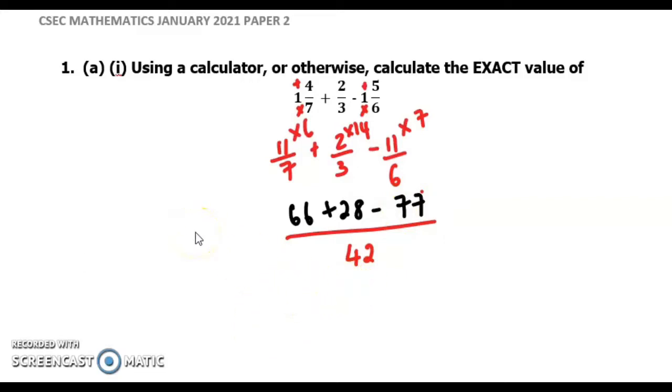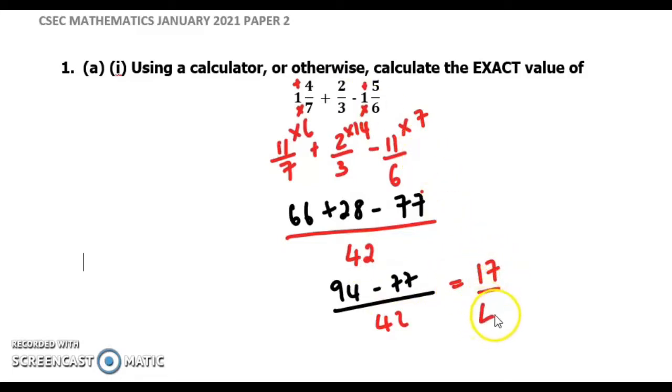So we can say here 66 plus 28 is equal to 94. So we'll have 94 minus 77. And remember our LCM. So 94 minus 77 is equal to 17 over 42. So that would be our exact value.